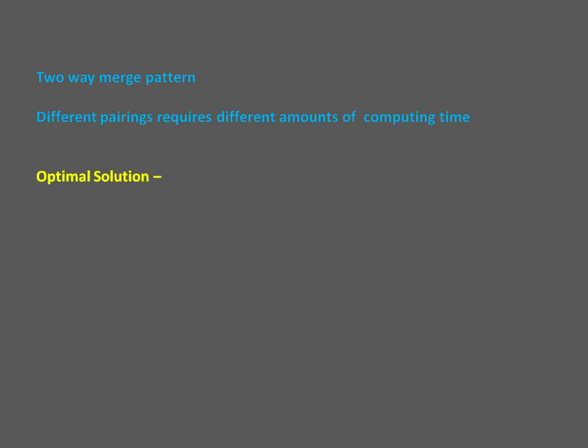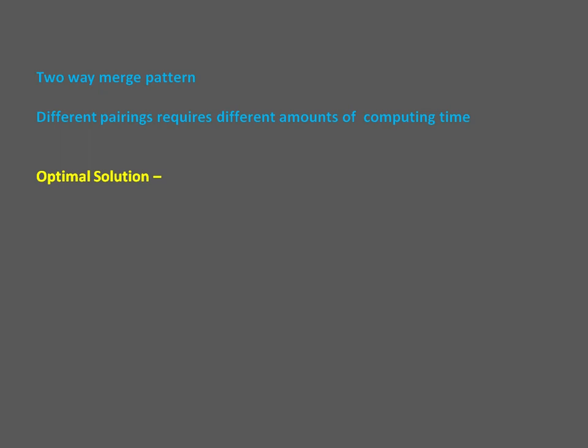Now when we want to sort these files, the different pairings require different amounts of computing. Now this is one of the applications of the greedy method. So here we will see the optimal solution.